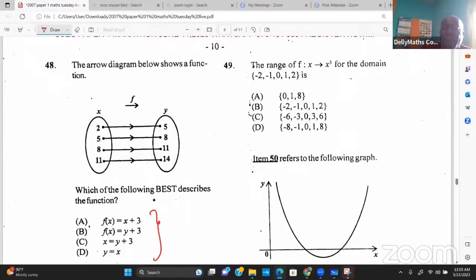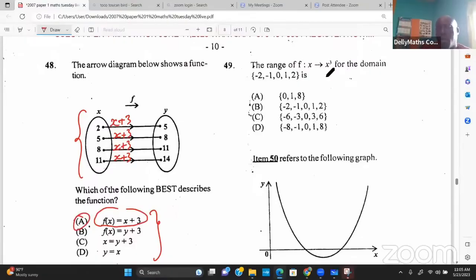But at the same time, you could look if you are able to see what's the relationship between every x to its respective y. I'm seeing I'm adding 3. I am adding 3. I am adding 3. So it works. So x plus 3 is the answer. A.